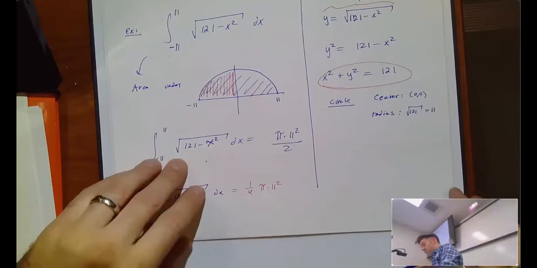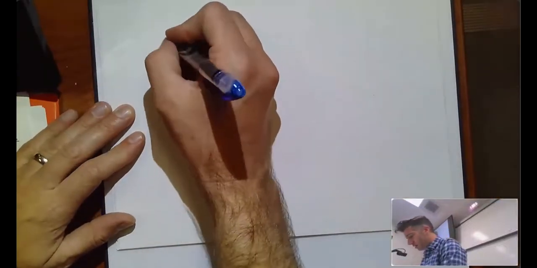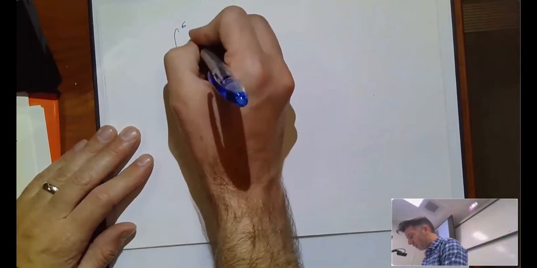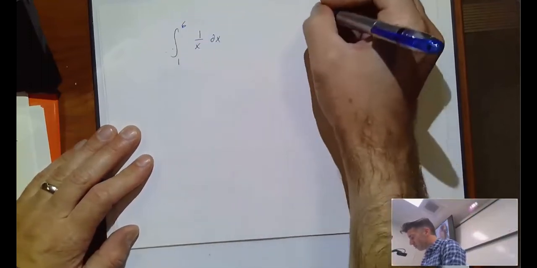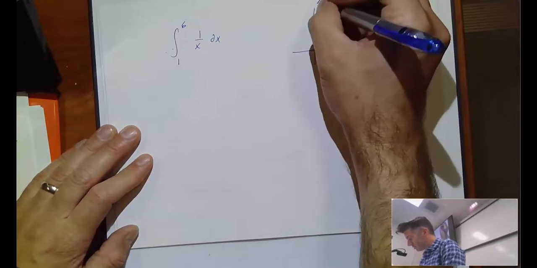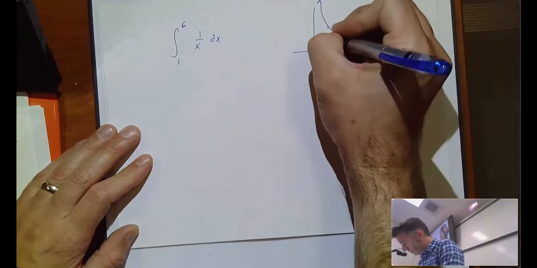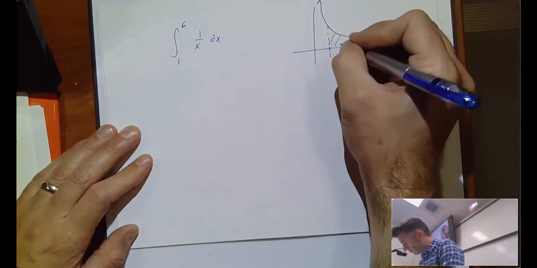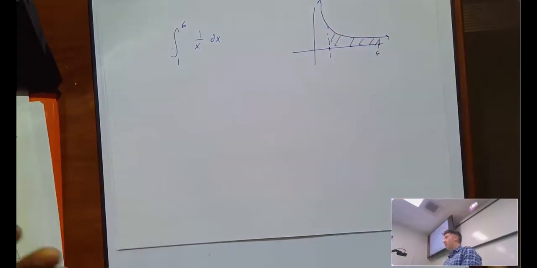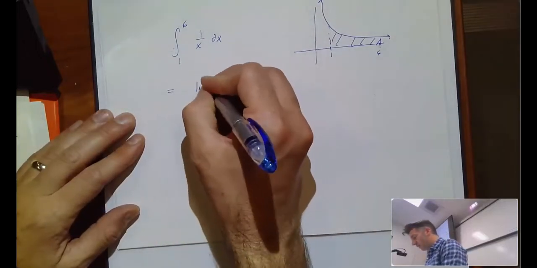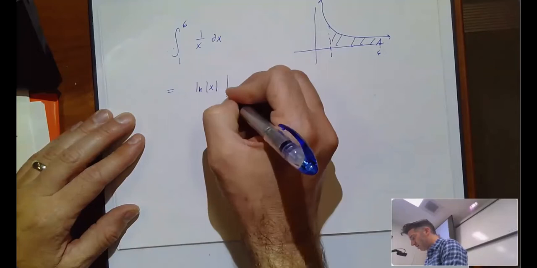For example, if I wanted to find the integral from, say, 1 to 6 of 1 over x dx, which looks like this, I'm finding that area under the curve. We know how to anti-differentiate 1 over x. That's going to equal the natural log of the absolute value of x from 1 to 6.